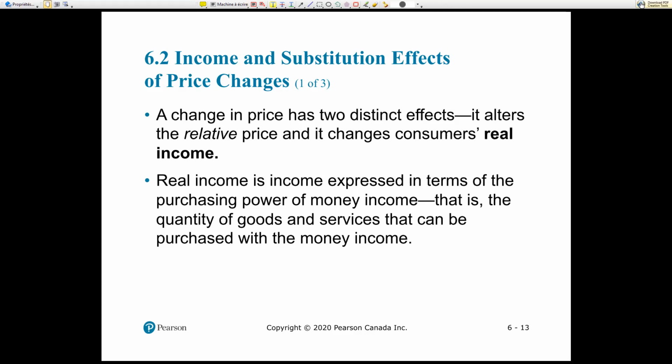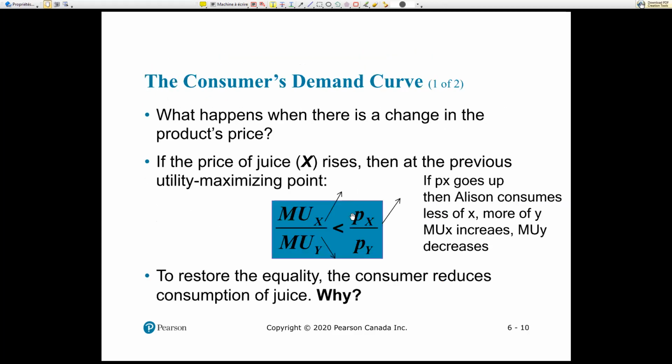And then there is the second thing going on, which comes from what we've been discussing. If the price of juice increases, then the relative price between juice and burritos changes.